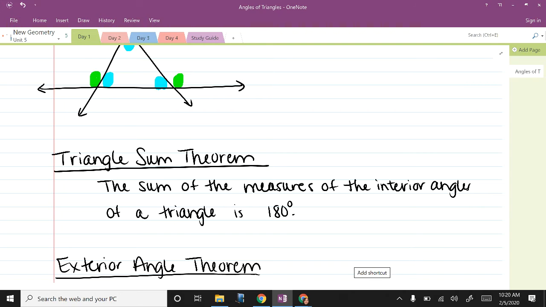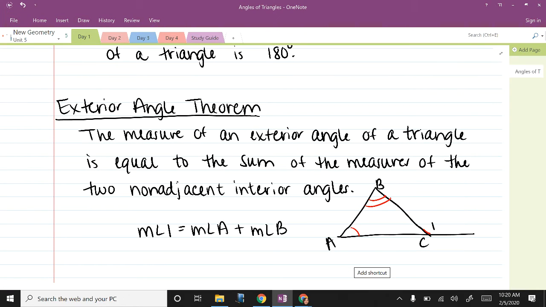All right. The next theorem on your handout is this one. It's the exterior angle theorem. So you can highlight this one as well. We already said that the exterior angle is an angle formed if you extend the side of a triangle, right? So here's a picture of a triangle, and then this side is extended. So this angle 1 right here is an exterior angle.